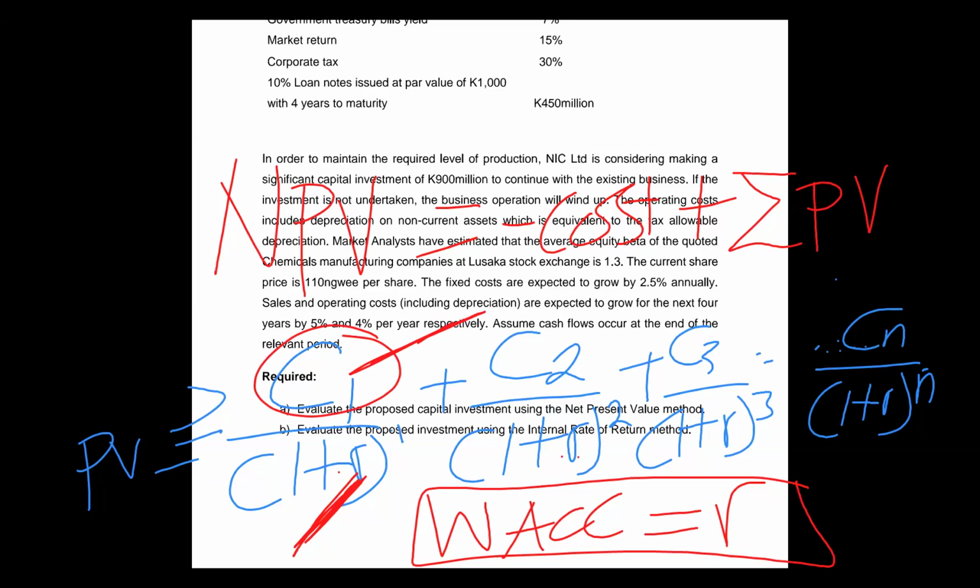Now you have the summation of the present values of the cash flows. Then you can deduct from their sum the cost of capital. Should it be a positive net present value, then you accept the project. Should it be a negative net present value, you do not accept the project. Are you good? Any question from there?